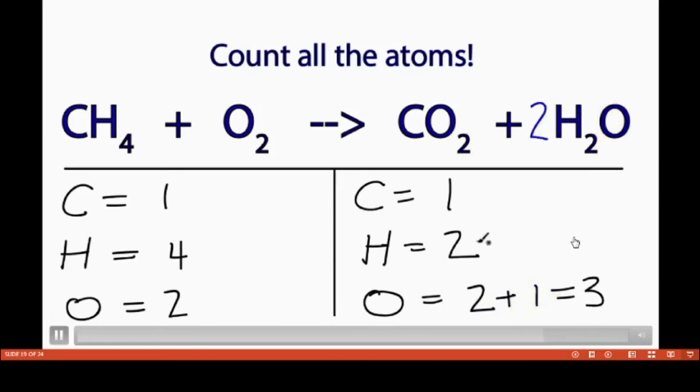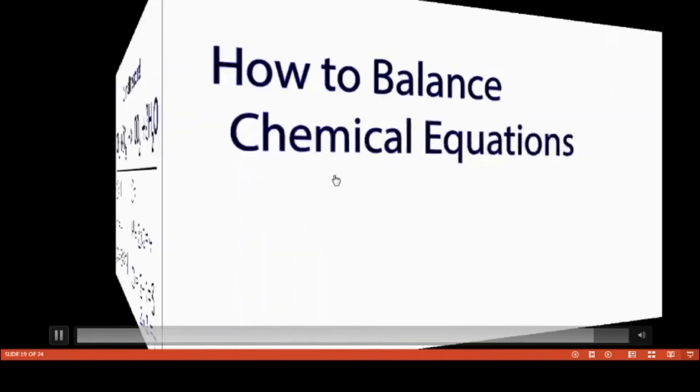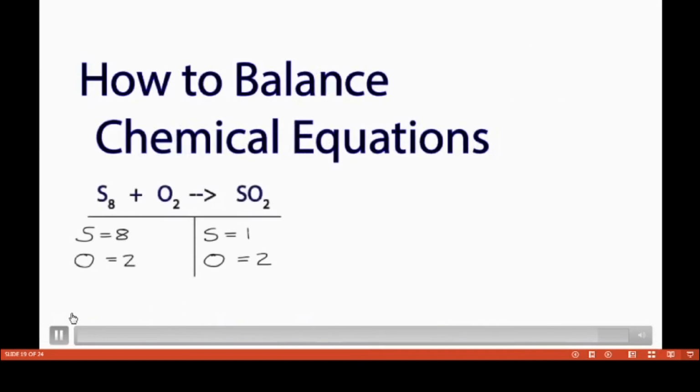You have to add 2 here, and you get 2 2s are 4 hydrogen. For oxygen, 2 plus 2 is 4, so you add 2 here, 2 2s are 4. This is balancing a chemical equation.